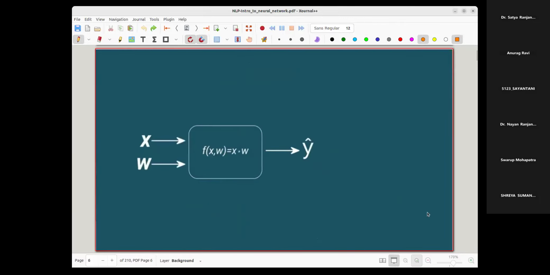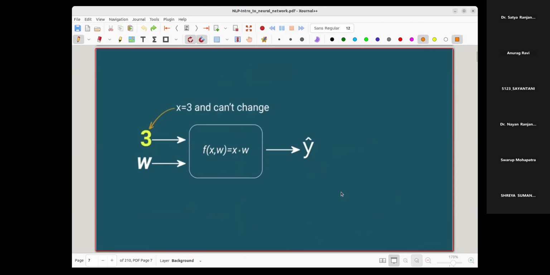Now consider, instead of one input, a function which takes two inputs. One is x, another one is w, and the function just multiplies these two inputs, x into w, and produces an output, let's call it y cap. Let's say x is fixed, say 3, which cannot be changed.